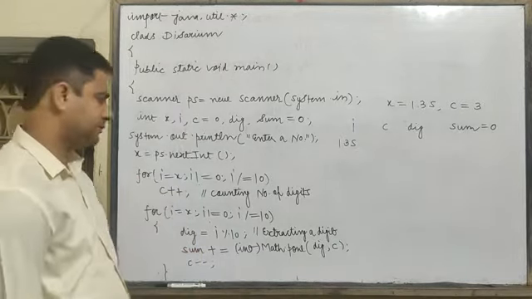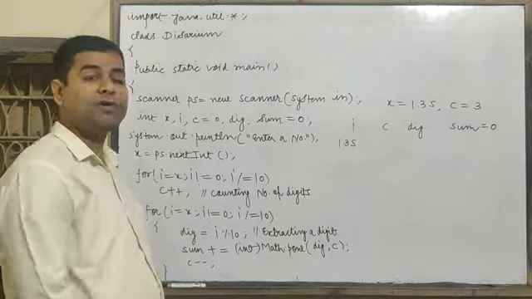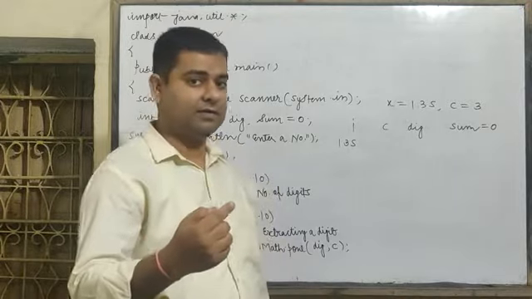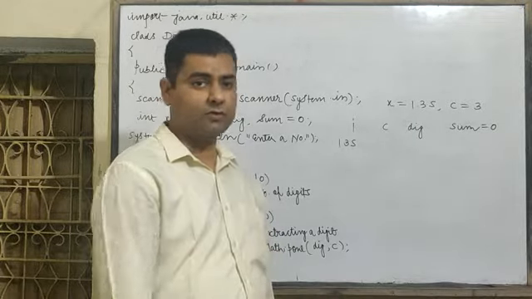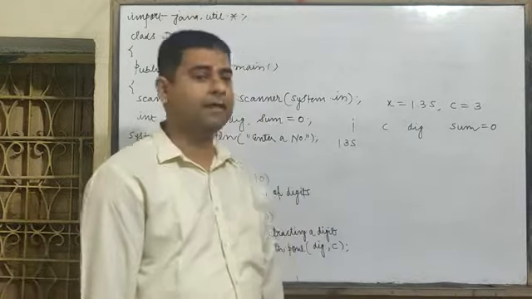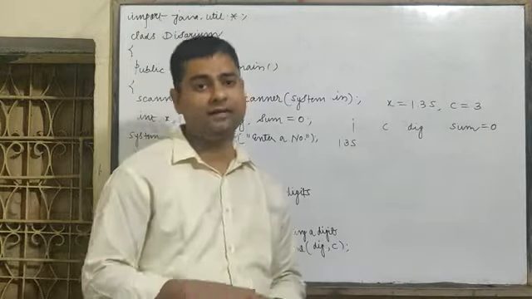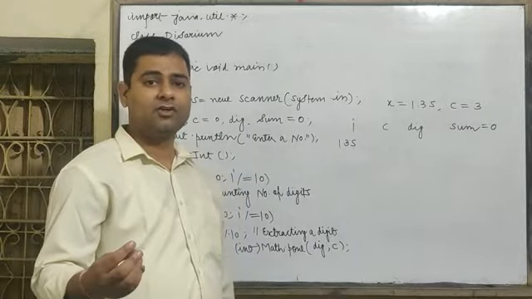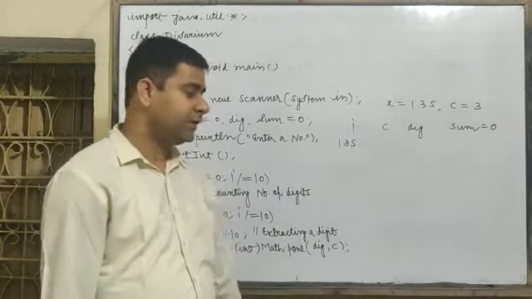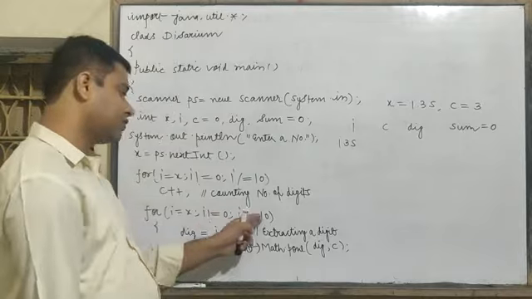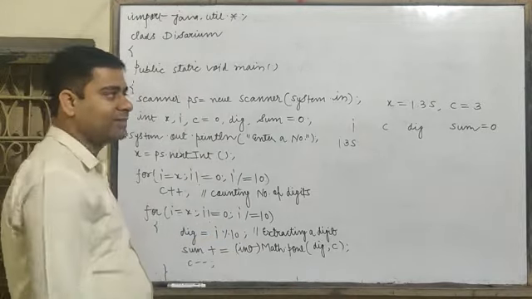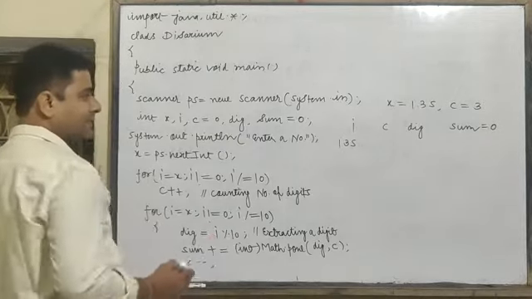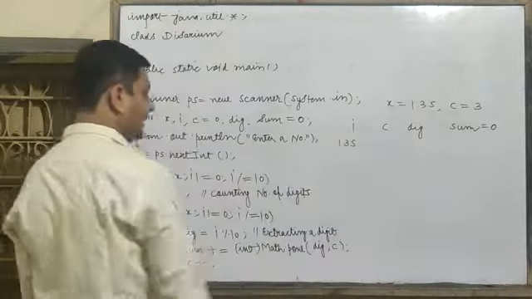This concept is the same. Now what we have to do? We have to extract the digit, and calculate its power with respect to its position. Then we have to calculate the sum and then compare. So first of all find the digit, then calculate its power to its respective position. How shall we do this? i equals x, i not equal to 0, i divided by 10. Again we are taking one example, x equals 135. i equals x, 135.